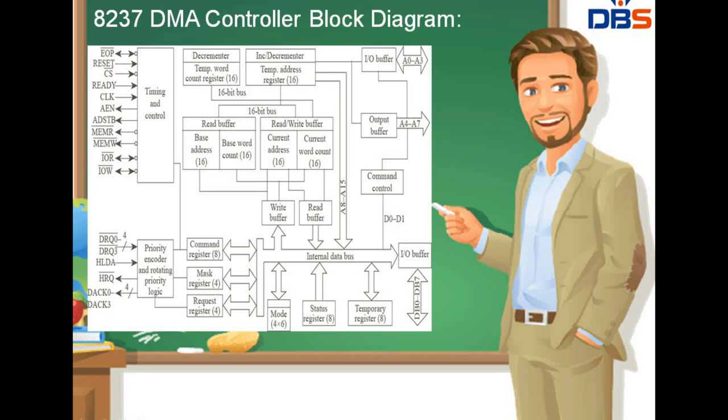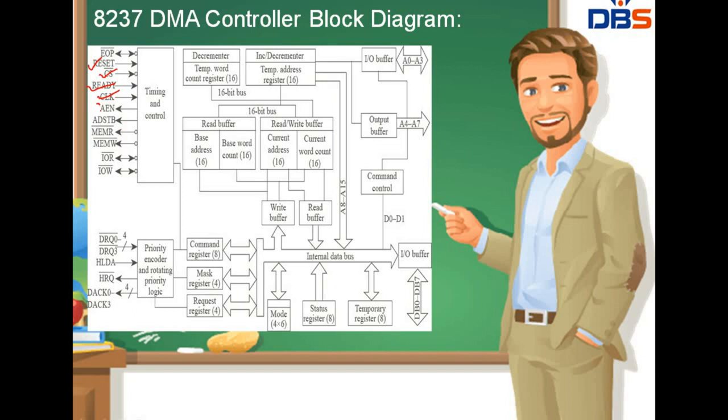As we already know, reset and chip select select the mode of operation, or select the chip or slave, and there is the ready pin and the clock. This is a master here, and it gives the clock to the other peripherals, that is, the other slaves or other DMA controllers.